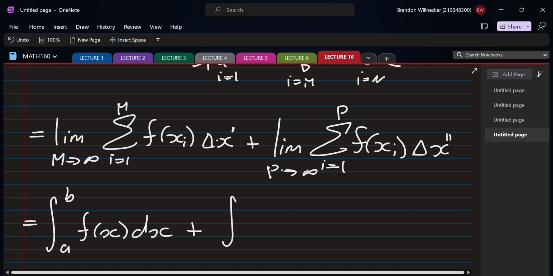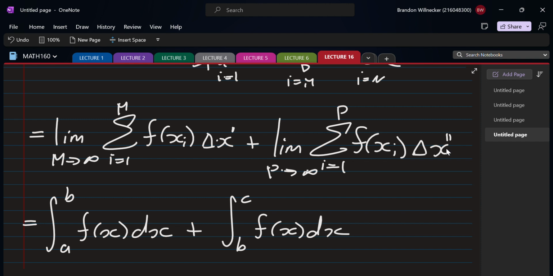So now, instead of going from a to c, we're going from b to c, because we did that shifting. So this goes from b to c, f of x dx. So the redefinition for delta x and delta x prime, just make notes of that on the side.